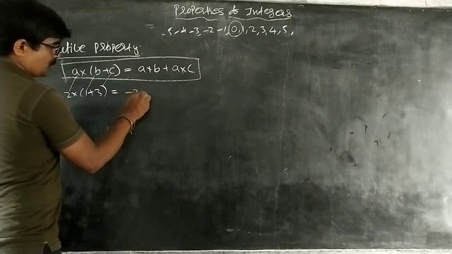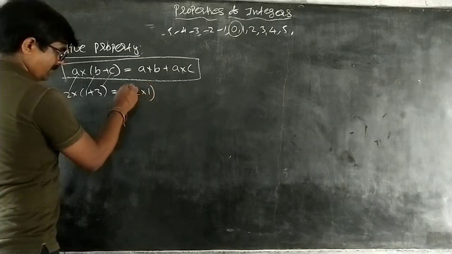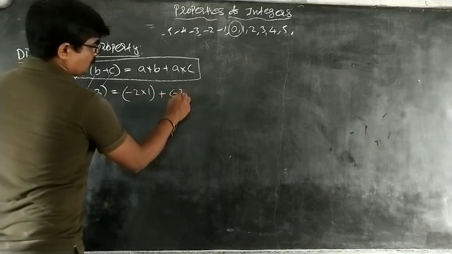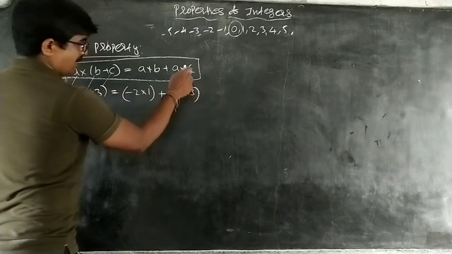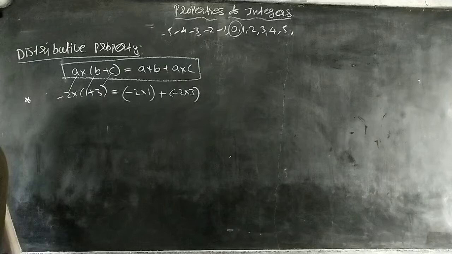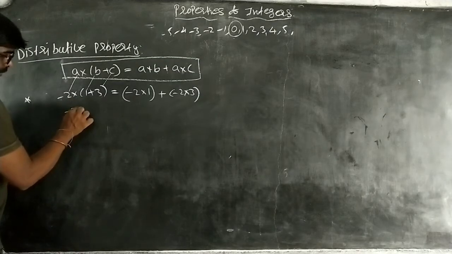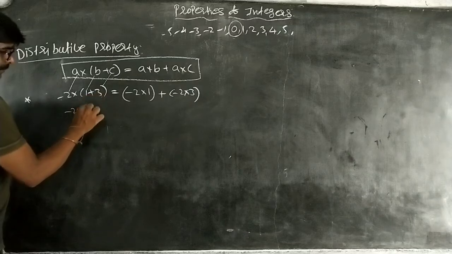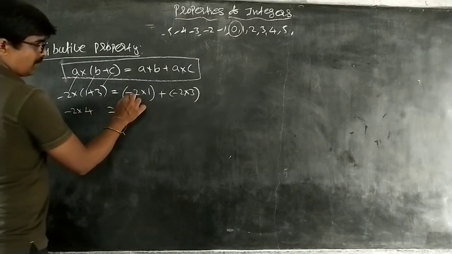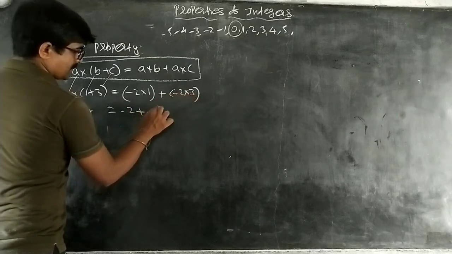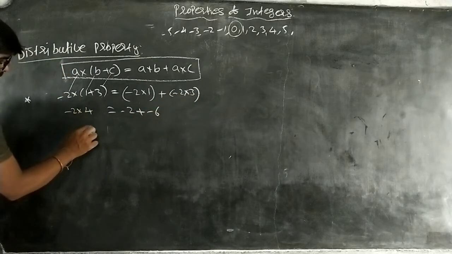So, minus 2 into 1 plus minus 2 into 3, as it is I am writing. So, minus 2 into 4, 1 plus 3 is 4, gives minus 8. Next, minus 2 into 1 is minus 2, plus minus 6, so minus 8.